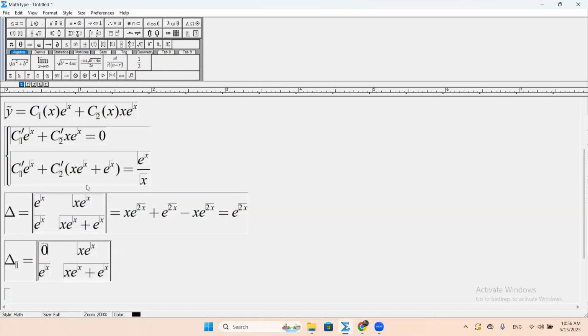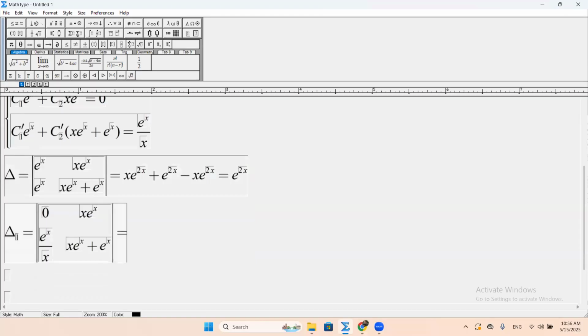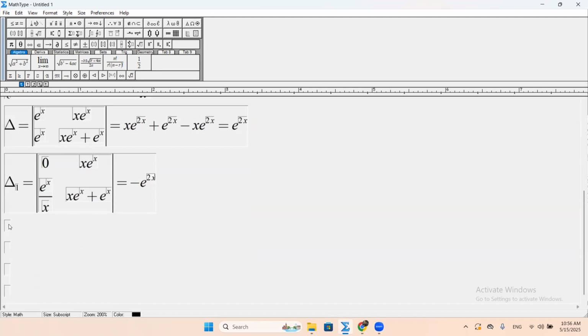So here will be 0, and here e to the power of x over x. And actually it will be equal to, so it will be 0, and x will be cancelled, so minus e to the power of 2x.